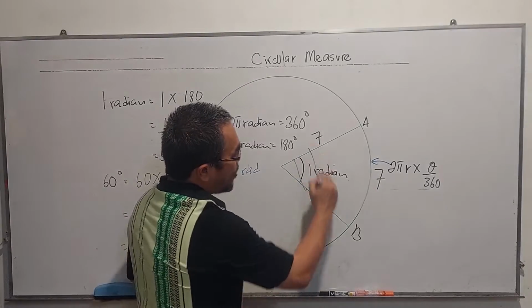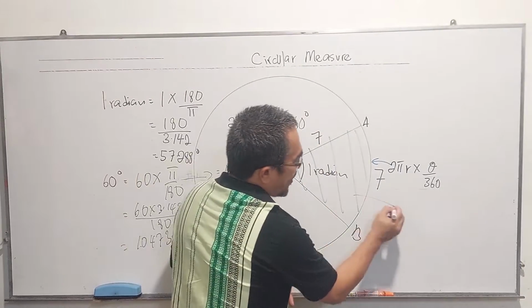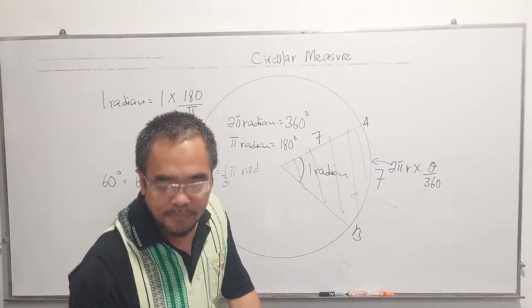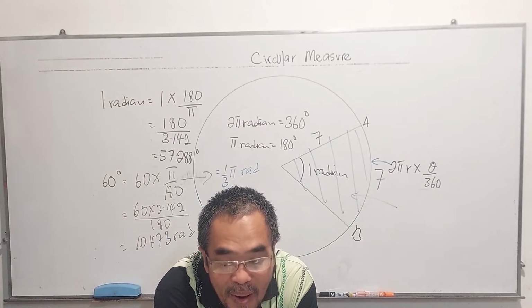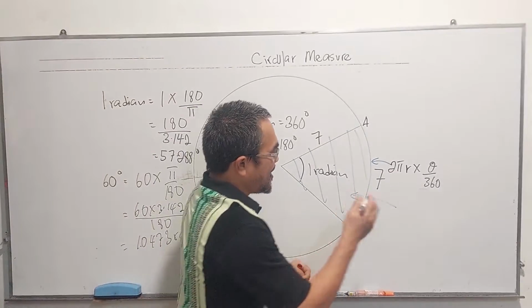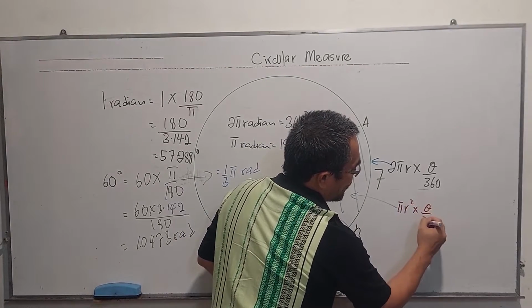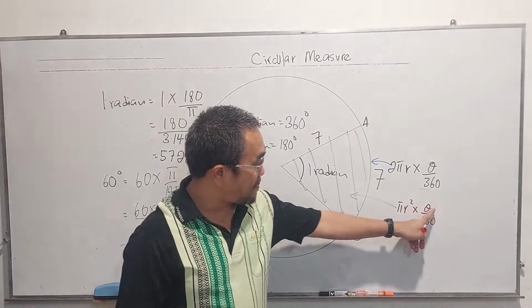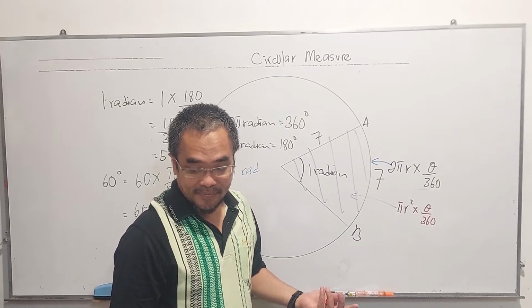And then when I want to know the area of this sector, what is the formula from Form 2? You forget? Pi r square times theta over 360, on the condition that theta is angle in degrees.